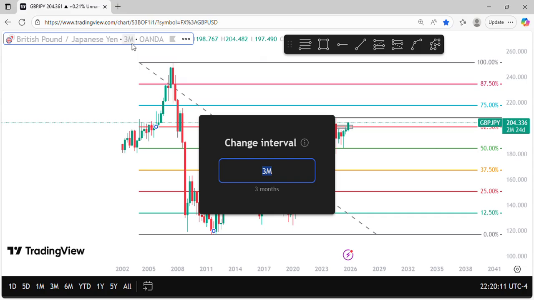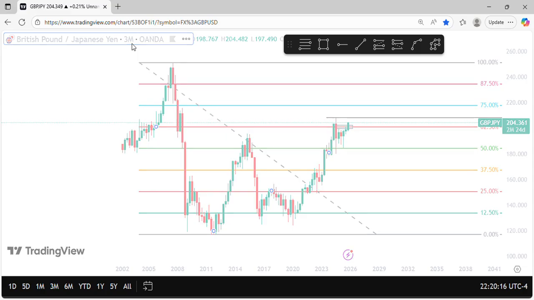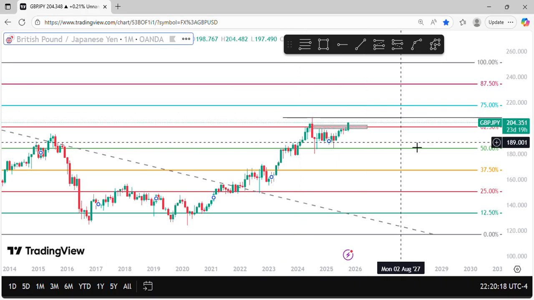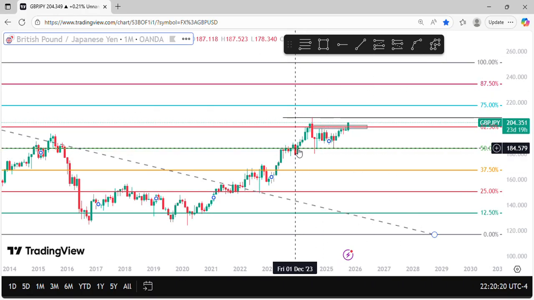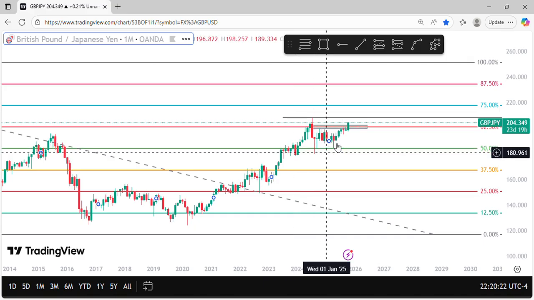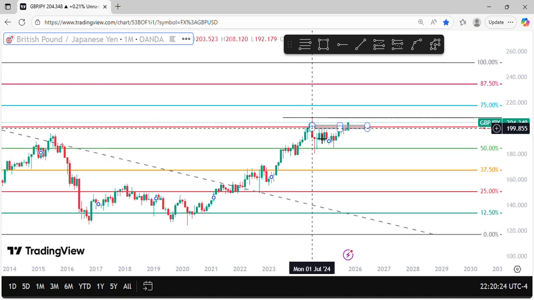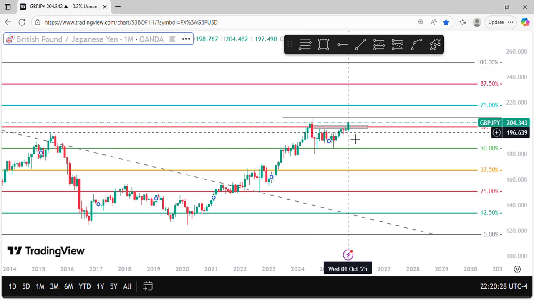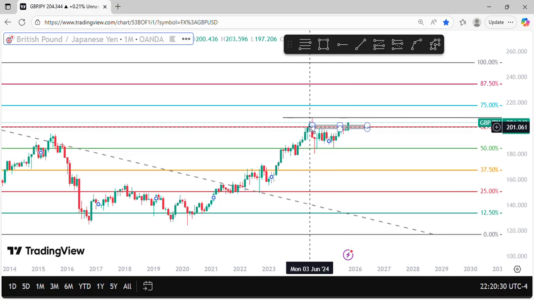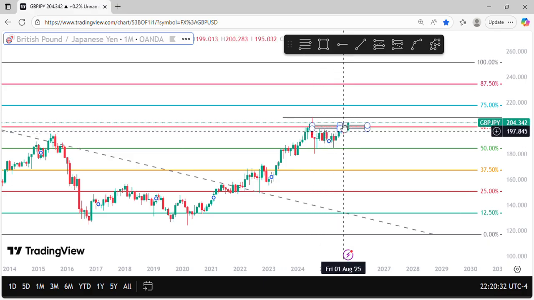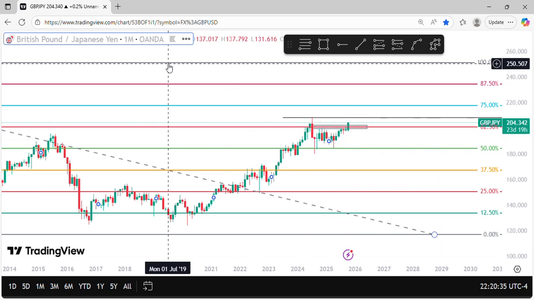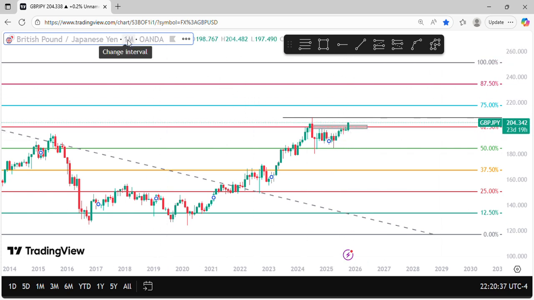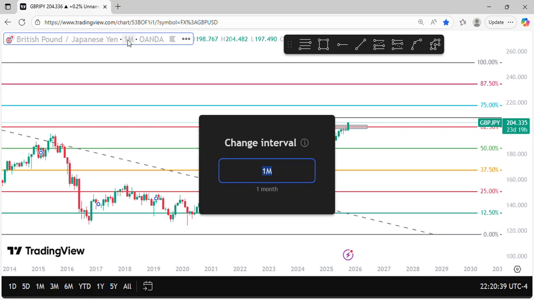Let's go into the monthly and look at this. So now you see that this is where the order block is, the 50%, and I was anticipating a drop from here because of this green candle here, and of course from the weekly, like I did explain in the last video.